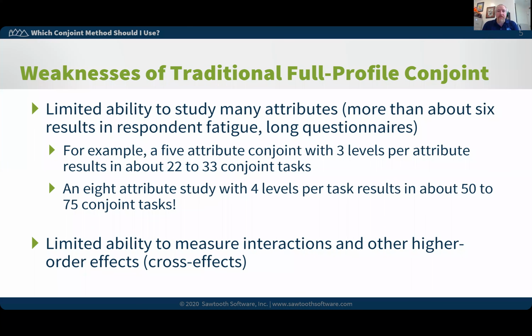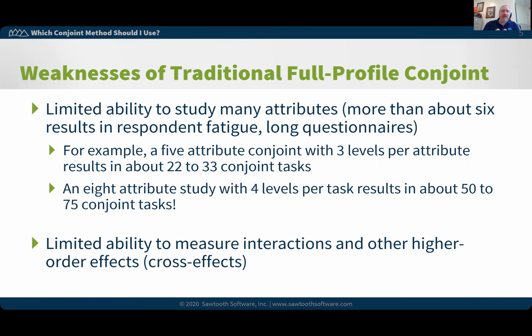So typically we find that it's not very useful in situations where you've got large numbers of attributes, or you've got a large number of levels within the attributes. Also, one final note on traditional full profile is that it's limited in its ability to estimate interaction effects. As you're setting up these conjoints, we set up attributes, and within those attributes, we'll have levels. So an attribute might be something like brand, and then the levels might be Coke, Pepsi, and Sprite.